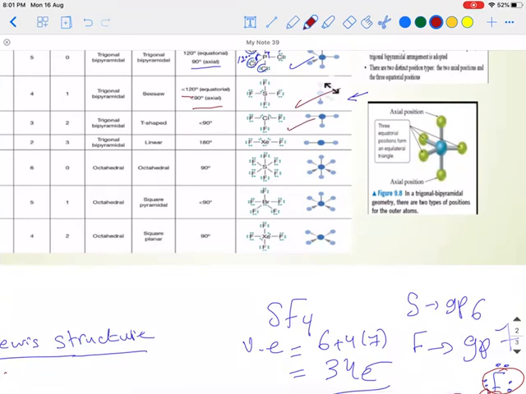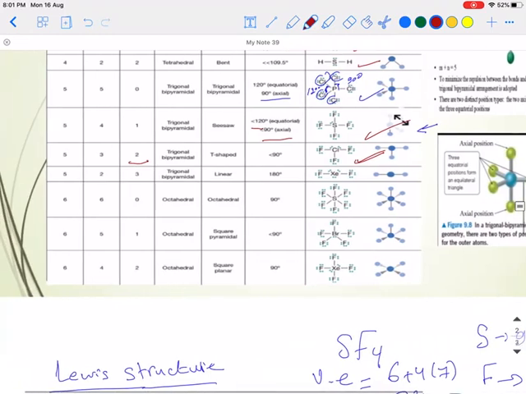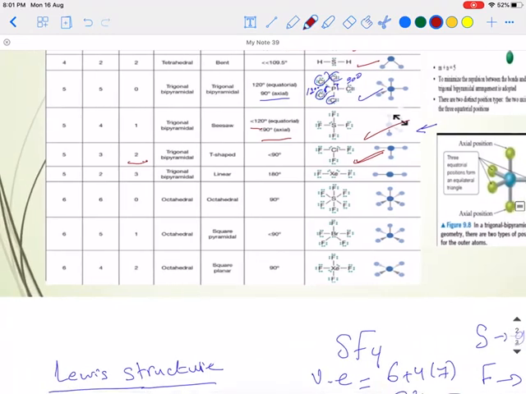Now let us move to another example, which is ClF3. In order for you not to get bored, all of them you draw as I've shown you, and you answer the questions. When you have 2 lone pairs and 5 electron groups, the shape will be T-shape and the angle less than 90 degrees.